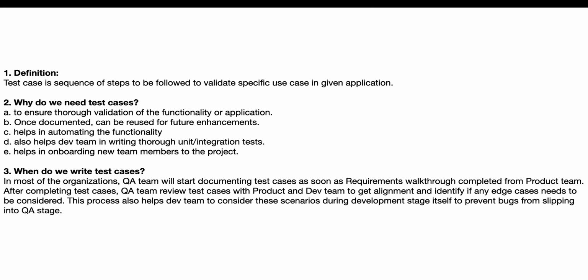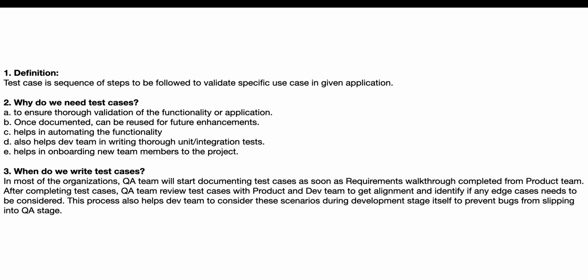And then it helps in automating the functionality, meaning once we document the test case for functionality, when you try to automate those scenarios using automation tools, it will help you know what all different scenarios we need to automate, and it helps in prioritizing also based on the test case priority.